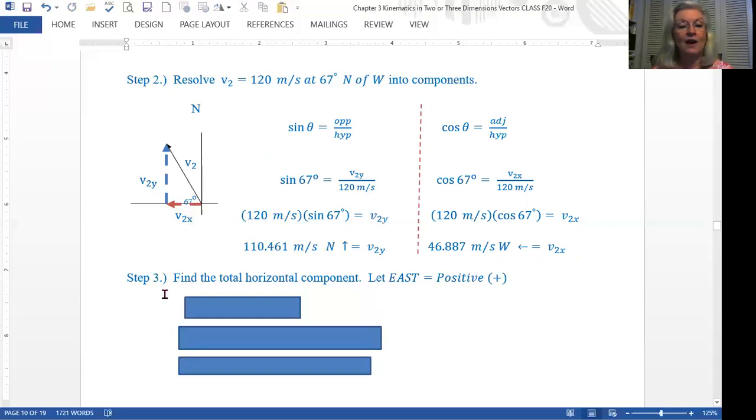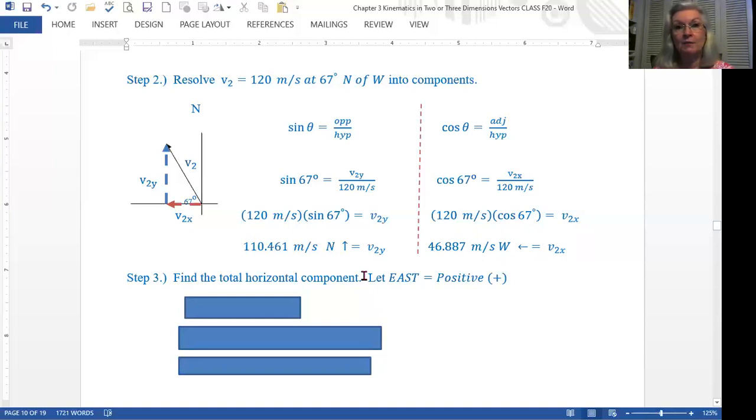So now we need to find the total horizontal component. So that's easy. You add up V1x and V2x to find V total x. But when you do this, you need to pick a direction to be positive. Because V2x goes west and V1x went east, I arbitrarily decided to let east equal positive.